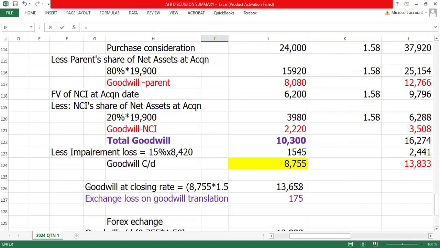When you are recognizing in the balance sheet, what do you take? The 13658.